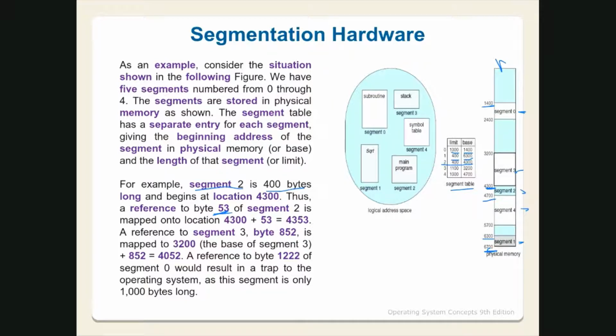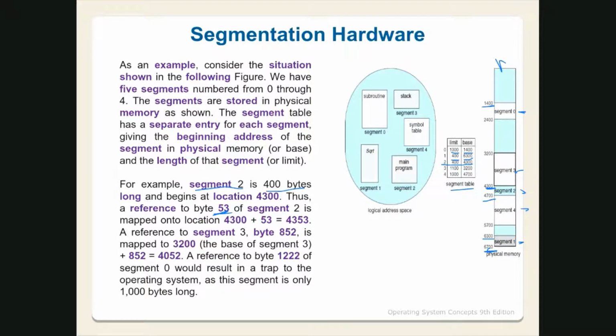So what do you do? Base plus 53. This 53 is the offset. I said before in the previous slide, offset and offset. Offset is the one here, 53. First you check, is 53 less than the limit? Then it is a correct offset, or else it is trapped to the operating system.